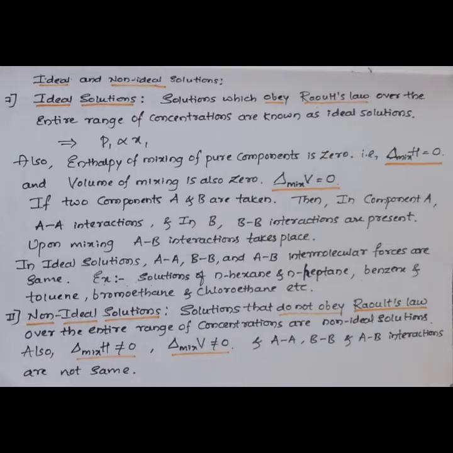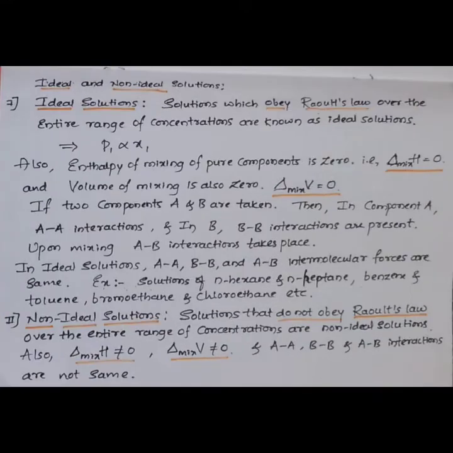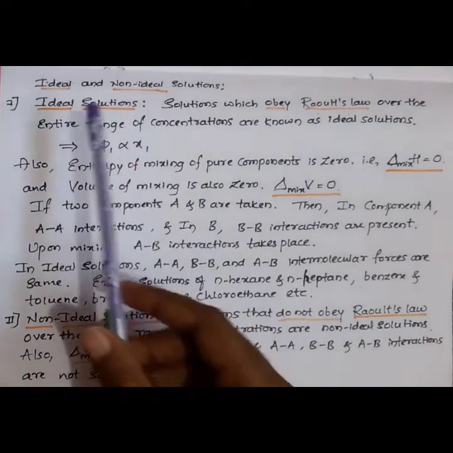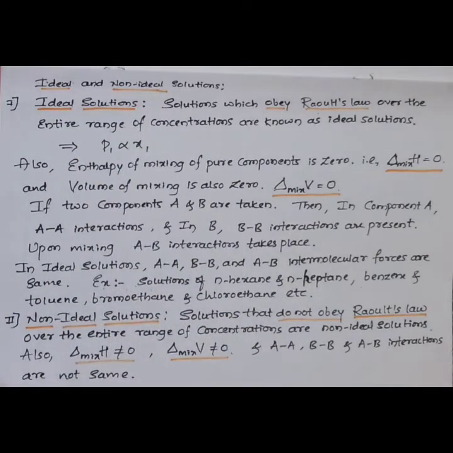If we mix 1 liter of one component and 1 liter of another component, the change in volume will be 0, meaning the final volume and initial volume are equal. Solutions where the change in volume upon mixing is 0 are considered ideal solutions.